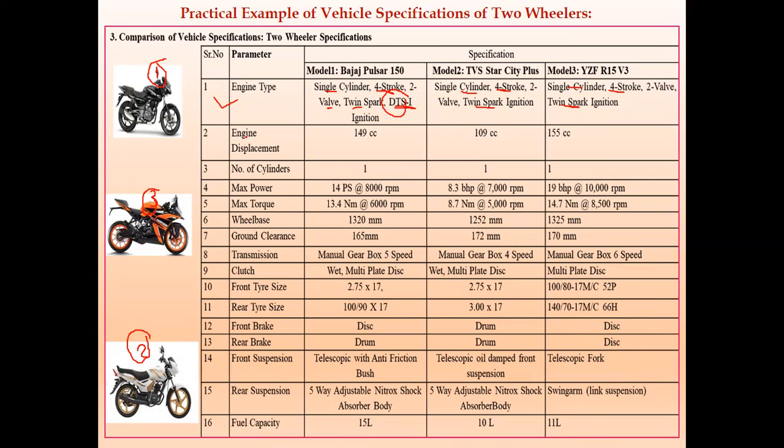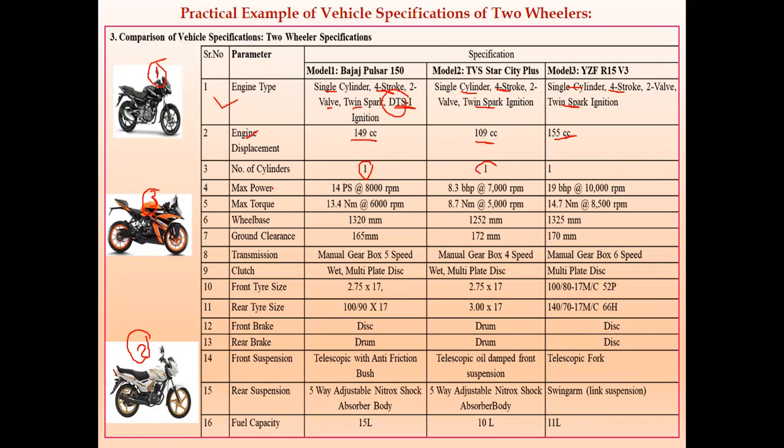Now we have engine displacement. If you see the engine capacity, Bajaj 150 has 149 cc, TVS has 109 cc, and model 3 is 155 cc. Number of cylinders is only one in every model, because it is a single cylinder.